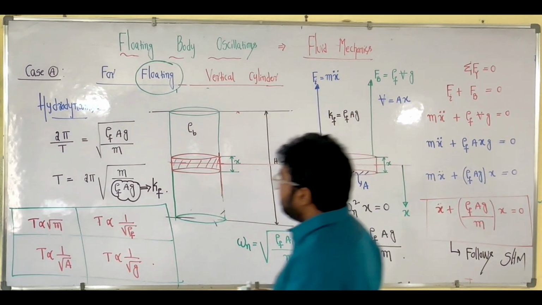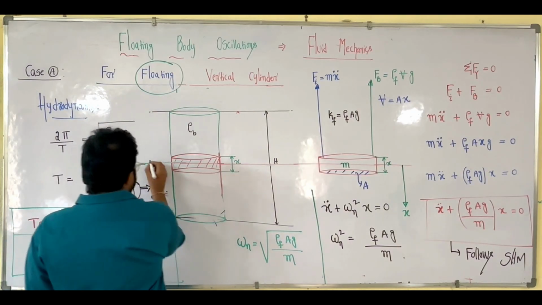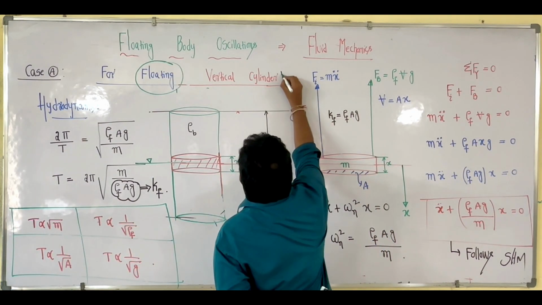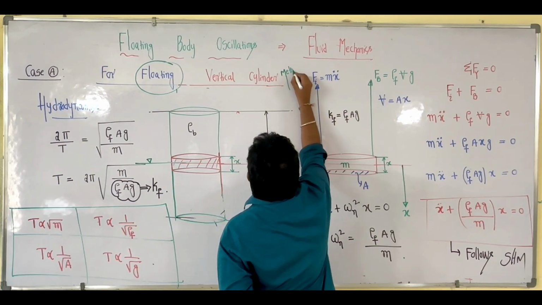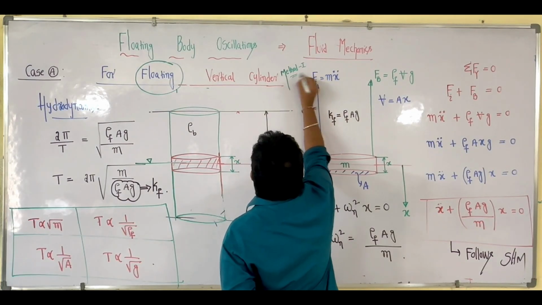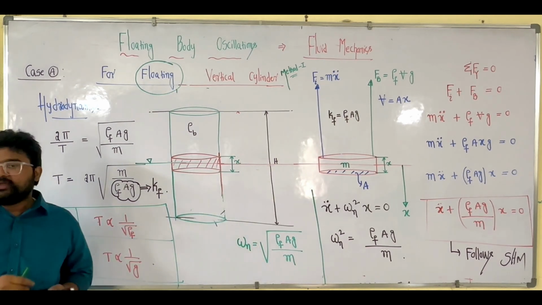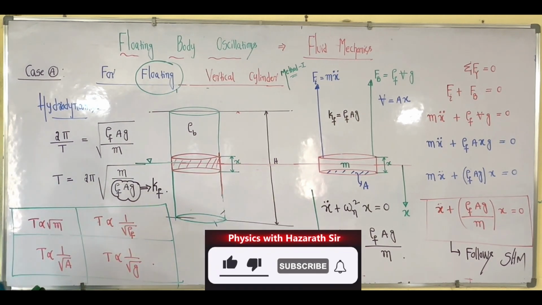Understood or not? Now, this is the free surface. Method 1 completed. Now we need to apply method 2. How to solve floating body oscillations by using method 2?